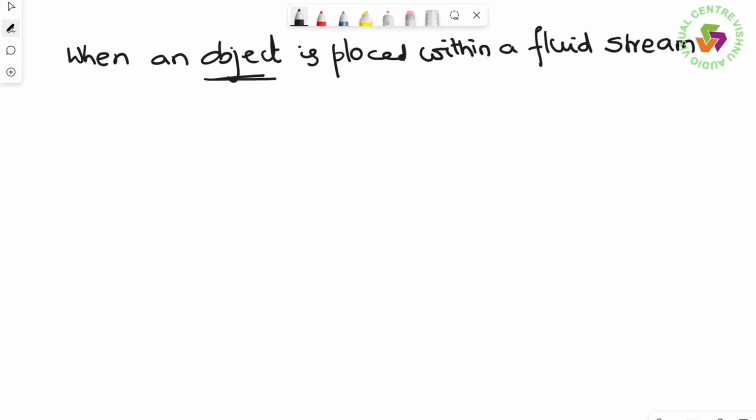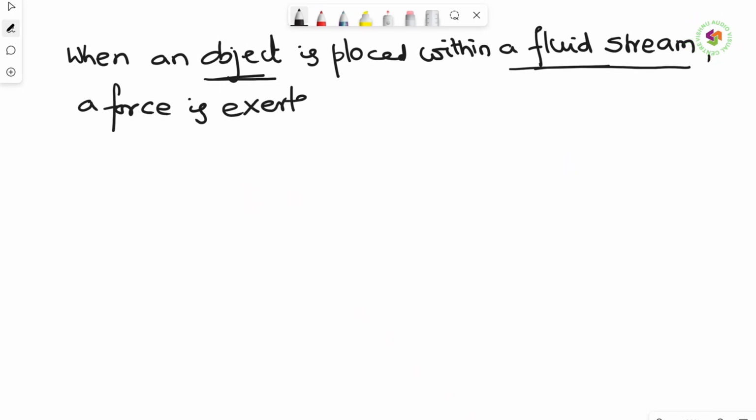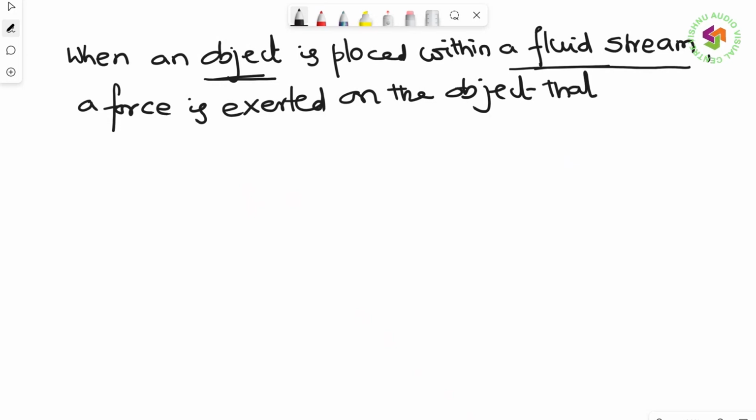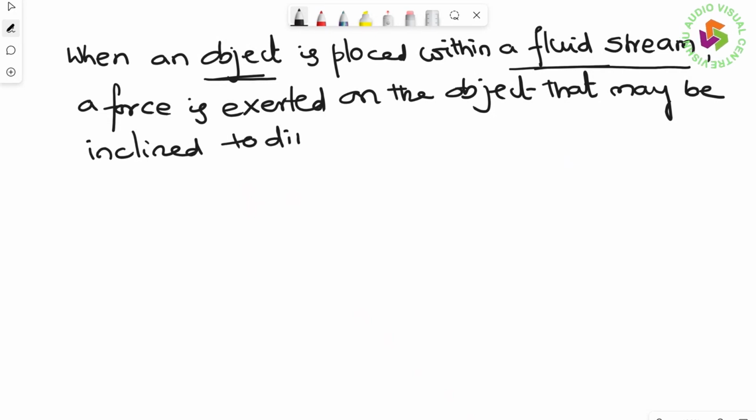When an object is placed within a fluid stream, fluid flowing with some velocity v, a force is exerted on the object that may be inclined to the direction of the flow.